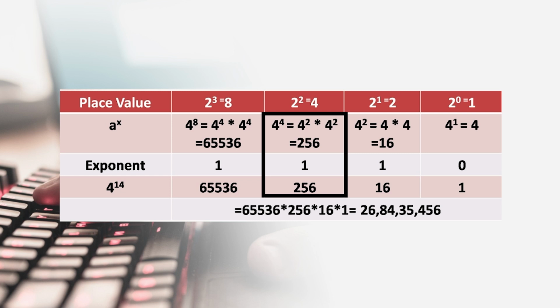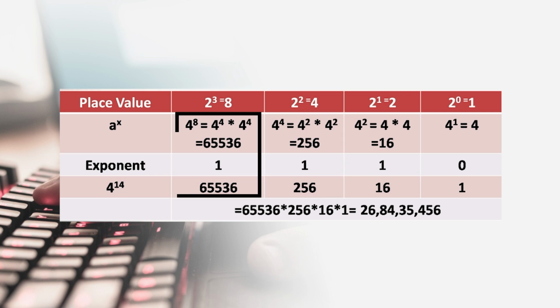So what we are effectively multiplying in the last step is only those terms which are appearing in the exponentiation terms, that is 4 to the power 8, 4 to the power 4, 4 to the power 2, and instead of 4 to the power 1, we will be using only 1, because the place value of the exponent at that point of time was 0.